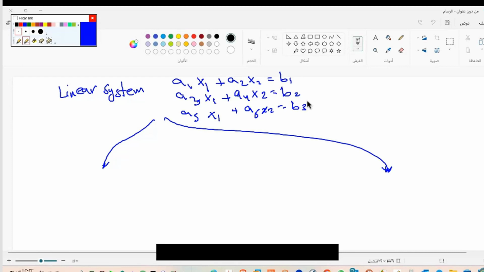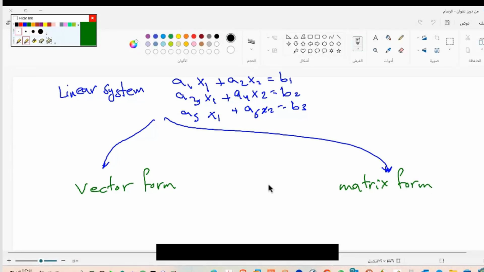This is a linear system as we studied before. We can write this in two forms, vector form or matrix form. This is for next week, by the way.